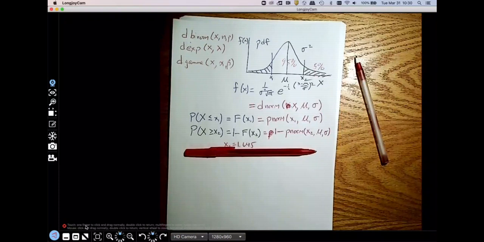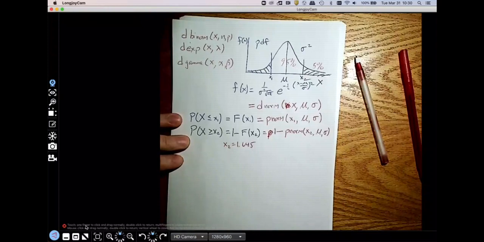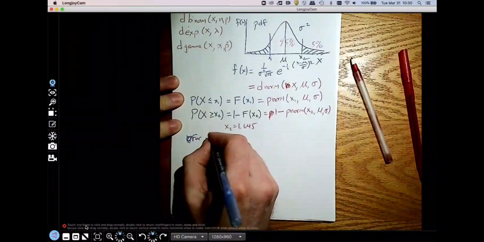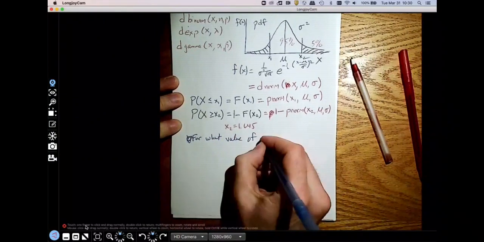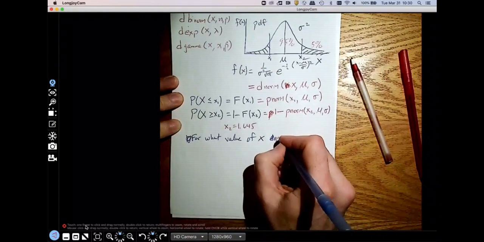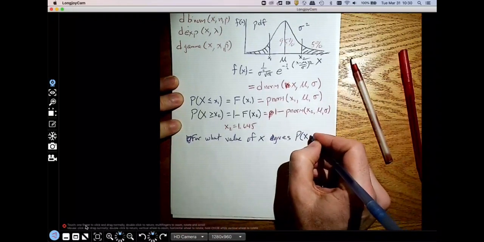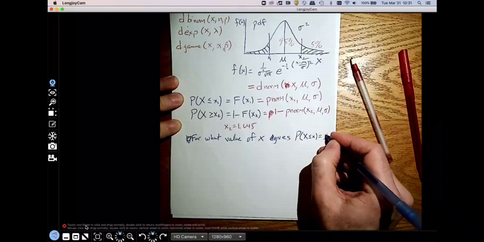Now, the next thing that we often want to do is to invert the CDF of some distribution. The question that we may have is, for what value of x does the probability that this random variable X is less than or equal to x equal, say, 95%?